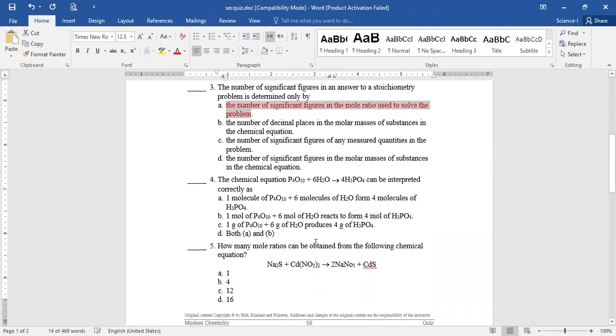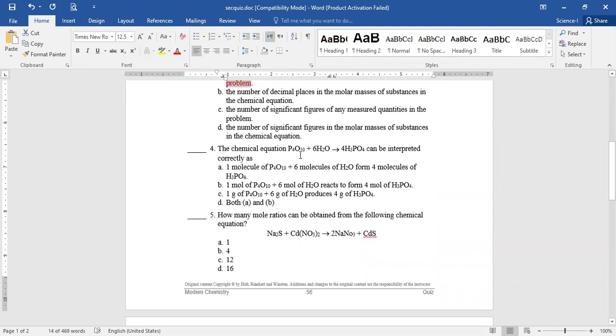Then question number 4, the chemical equation P4O10 plus 6H2O yields 4H3PO4 can be interpreted accurately as, how could we represent the relation between these reactants and product? Yes, Tadros?